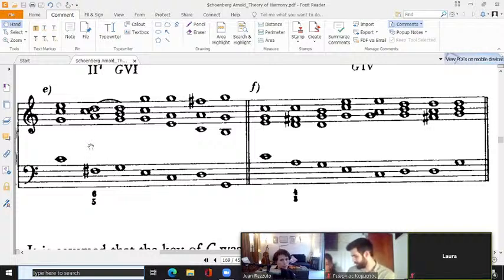Because if you compare the first presentation of the dominant of the new key, which is G, inversion 6/5, and the last presentation, this one is kind of the real one, the one that has more weight, the one that truly announces the new key.